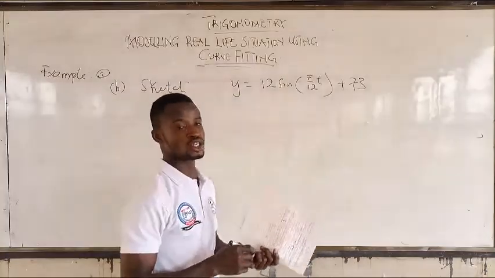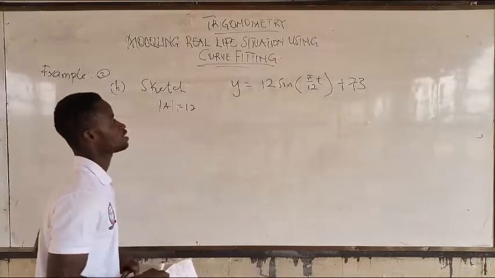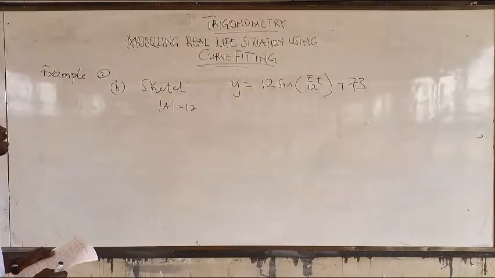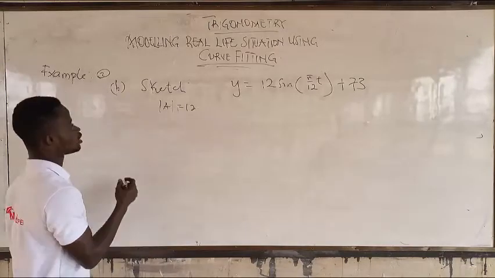Here, there is no horizontal shift. Bear in mind that there is no horizontal shift here. Very good. Then the next thing that we can go for is the interval.